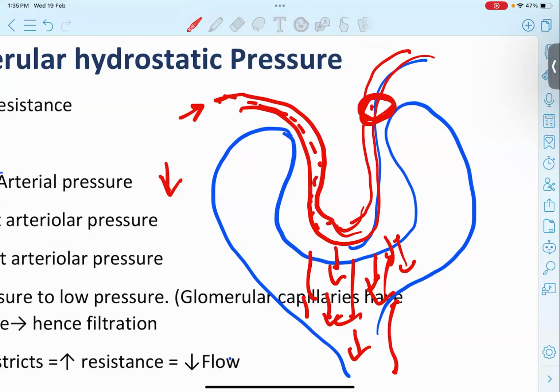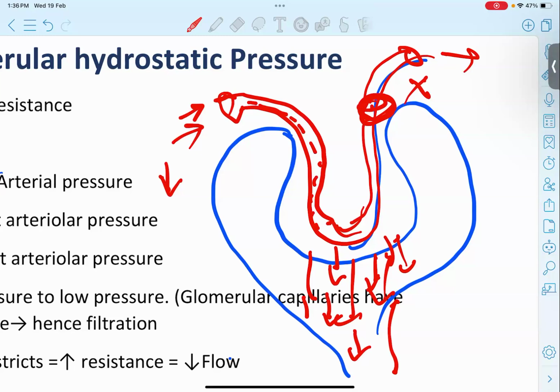So this afferent and efferent arteriolar network is a two-way network. Two-way means blood will go through the afferent and come out through the efferent, but now cannot come out this way due to the vasoconstriction.